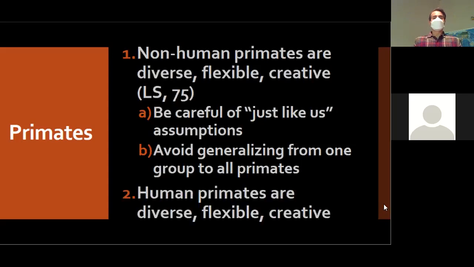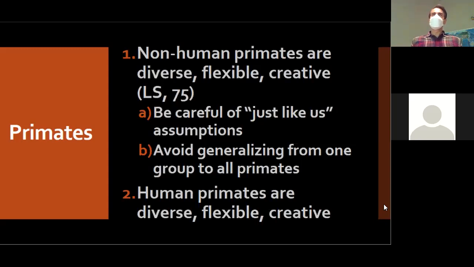The main point for me, the question that Lavenda and Schultz pose here, is what can the study of primates tell us about human beings, or what we might call the human primate?